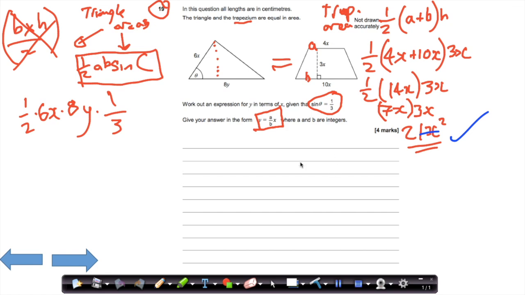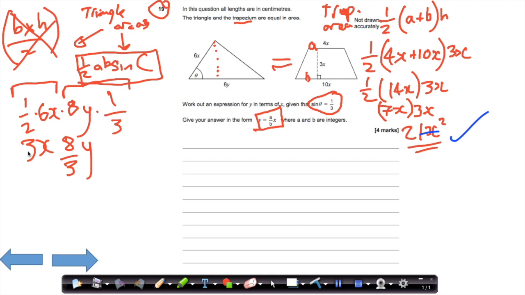But to get any of the further marks, you're actually going to need to work out what this is. So let's deal with this maybe by doing a half times 6x, half of 6x is 3x, and 8y multiplied by a third, 8 over 3y.